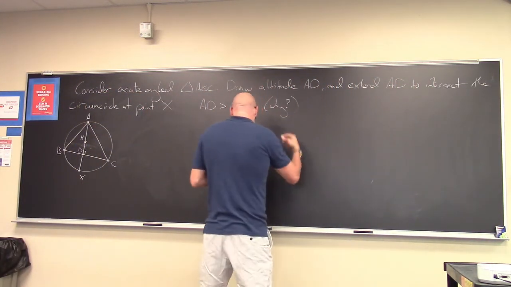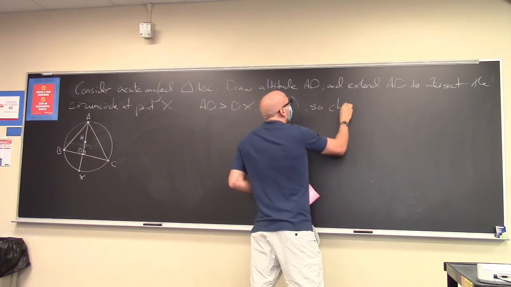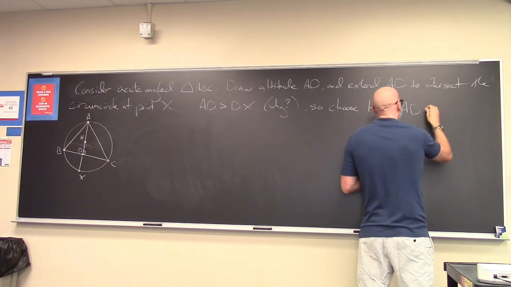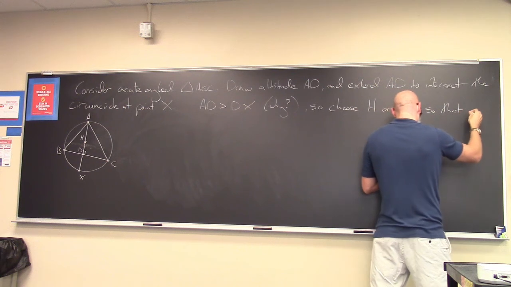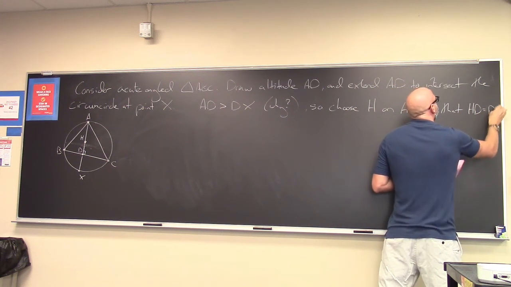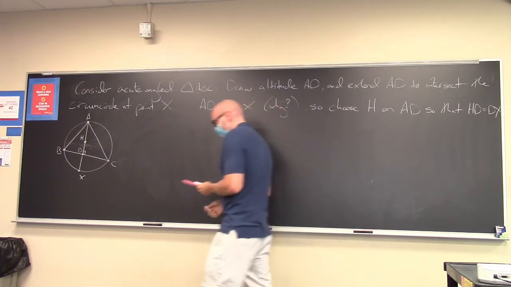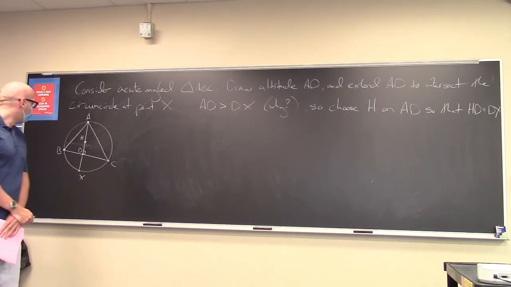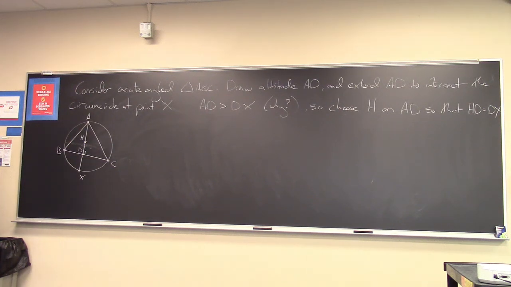So AD is bigger than DX, so choose H on AD so that HD is the same length as DX. Another way to think about this is that H is the reflection of point X through this line BC. So it lives on the other side on the perpendicular bisector and the same distance away.